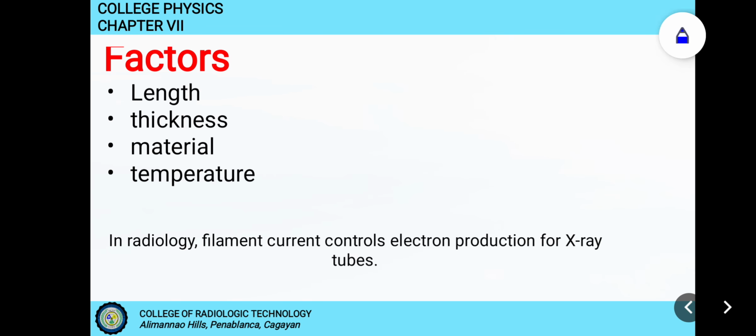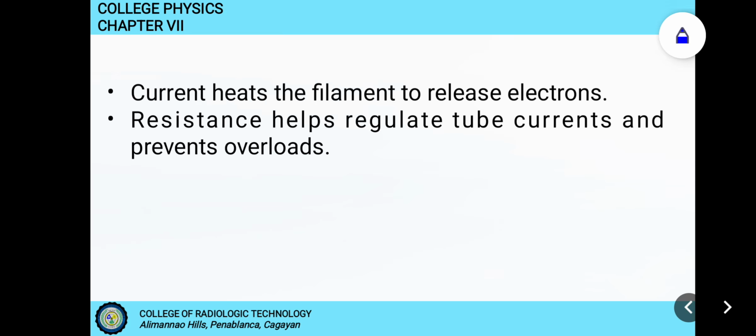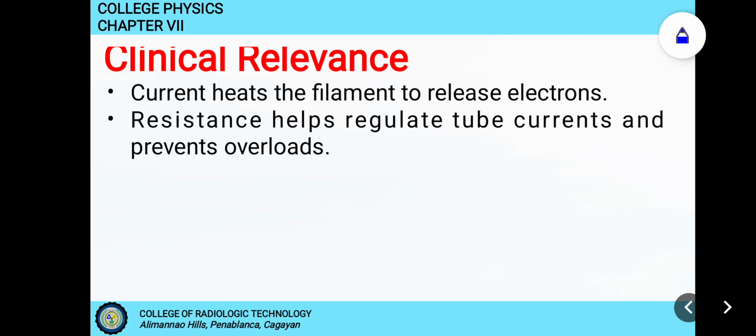These are the factors that affect the different variables: the length, the thickness, the material, and the temperature. In radiology, filament current controls the electron production for X-ray tubes. Another clinical relevance is that current heats the filament to release electrons.